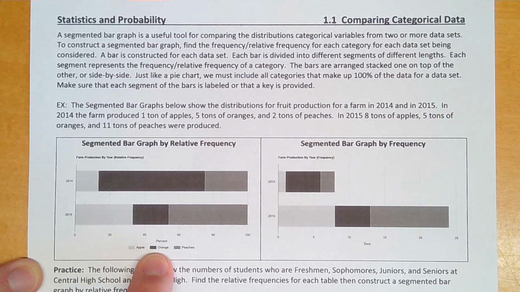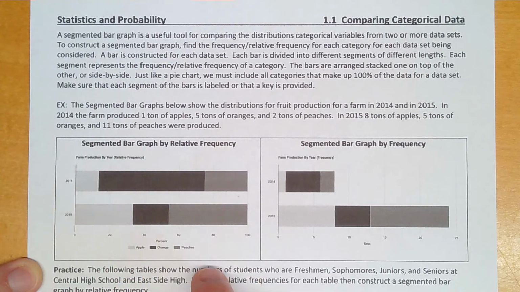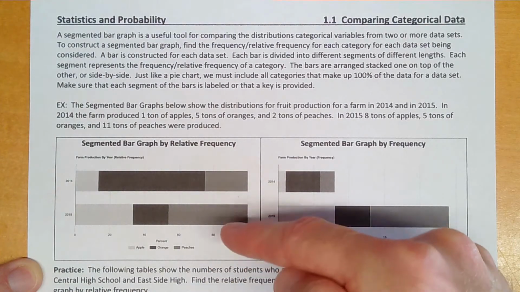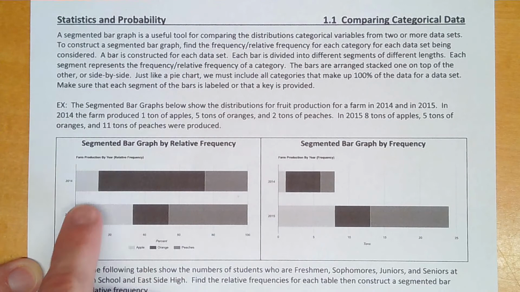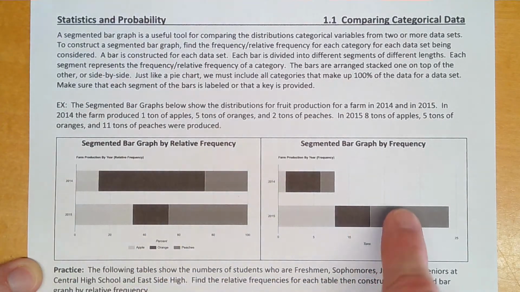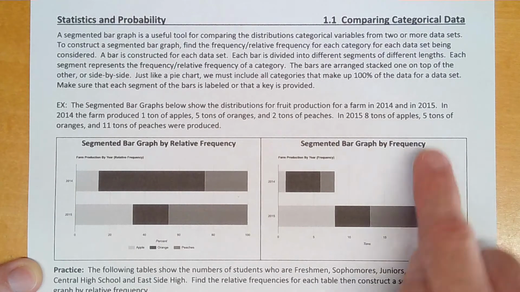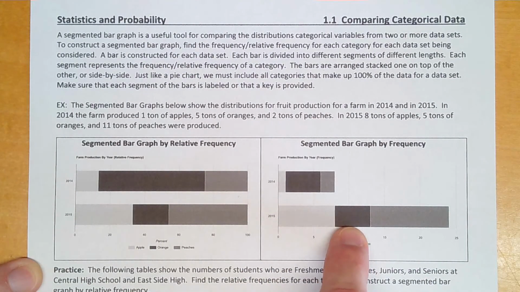So this could be a little bit misleading because there's different total frequencies for 2014 and 2015. You can see that more fruit was produced in 2015 than 2014. So if you broke this down by frequency, you can see that oranges were the same amount, 5 tons for each of the 2 years.